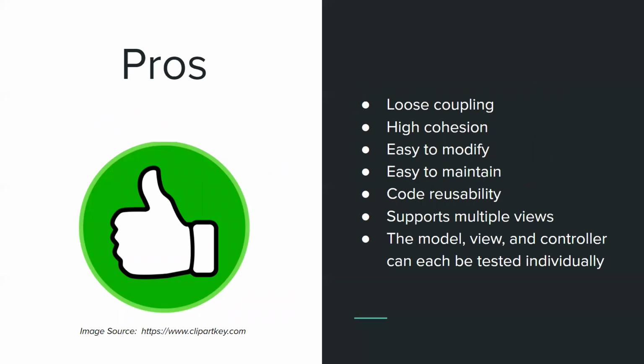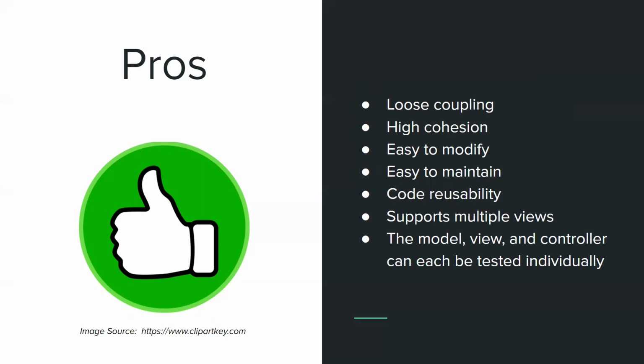So some pros about the model view controller design pattern. First, you have loose coupling, which is extremely important, especially with this type of design pattern. It also provides high cohesion. Both of those allow for parts of the program to be easily modified.